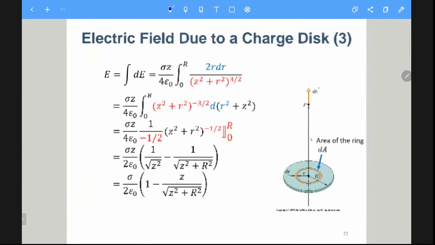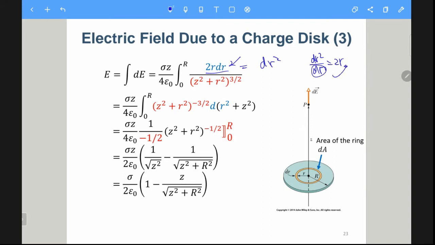Okay, so next we would like to do the integration. This integration is not that difficult because we can simply use the change of variable, just like the reverse case of the chain rule. So 2r dr is nothing but d(r square). You know the derivative of r square is 2r.